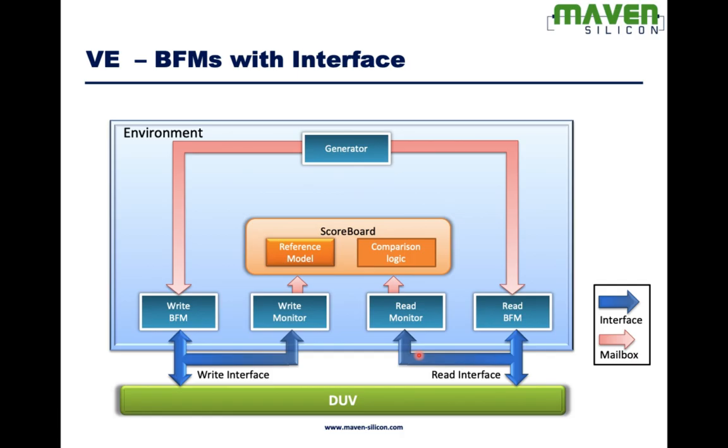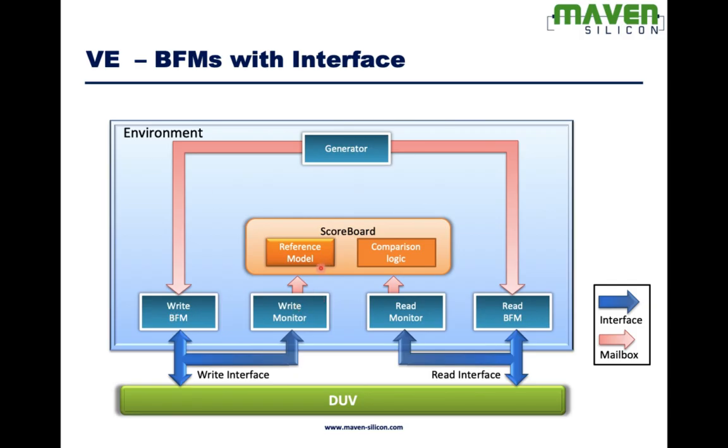And then the monitors will be connected with the scoreboard, but in this case we use mailbox. You look at this, there are two possible ways how we make the connections. One is interface, the other one is mailbox. We use interface to connect the bus function models with the DUV. We use mailbox to connect the Testbench components. This is the difference. So to connect generator with driver, we use mailbox.